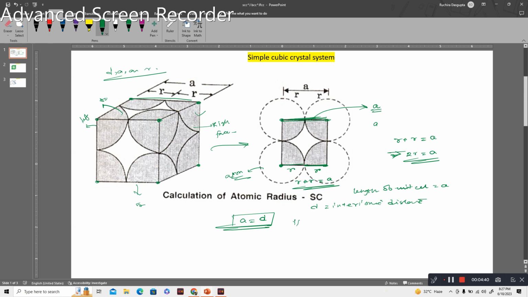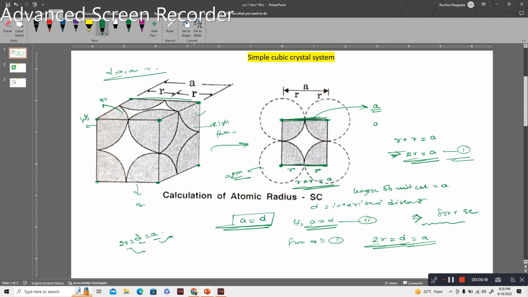If we call this equation number 1 and this equation number 2, then from these we can write 2R equals D. So we get the equation for SCC: 2R equals D equals A, where D is the interionic distance, A is the length of the unit cell, and R is the radius of the lattice point, atom or ion.